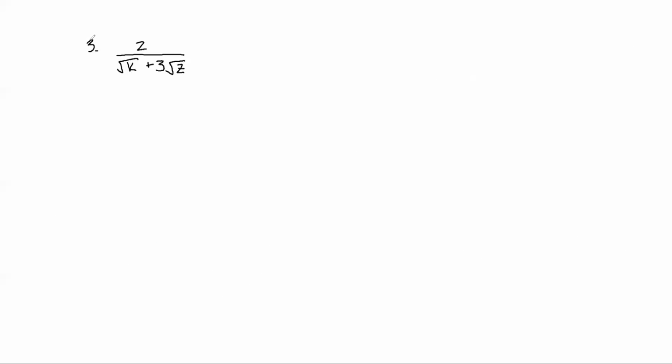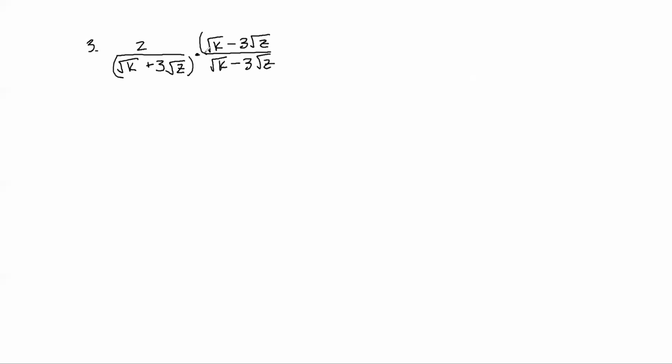All right, so we have radicals in the denominator that we want to get rid of. So we're going to multiply by the conjugate of the denominator, change the plus to a minus, so square root of k minus 3 square root of z, square root of k minus 3 square root of z.